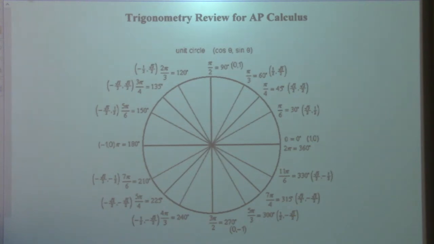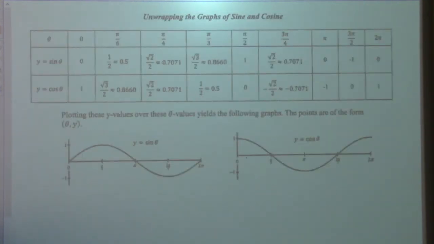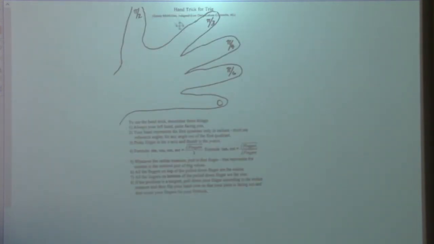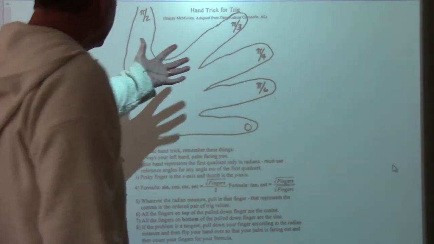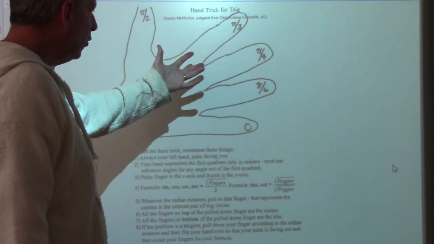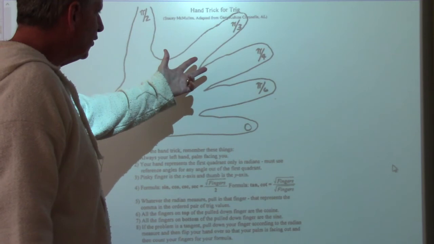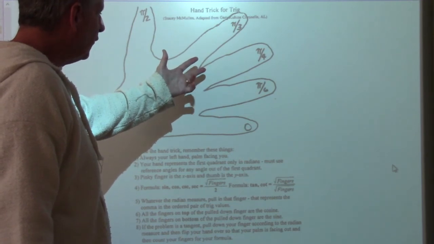And we talked about the hand trick last year, didn't we? We did some of that, and basically it's fingers above, fingers below. Your sine is going to be square root of fingers below over 2.